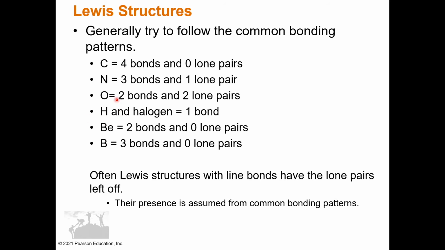With oxygen, most of the time, it would have 2 bonds and 2 lone pairs. So again, that could be 2 single bonds or 1 double bond. It all depends on the molecule. So make sure to keep these patterns in mind when you're drawing out Lewis structures.